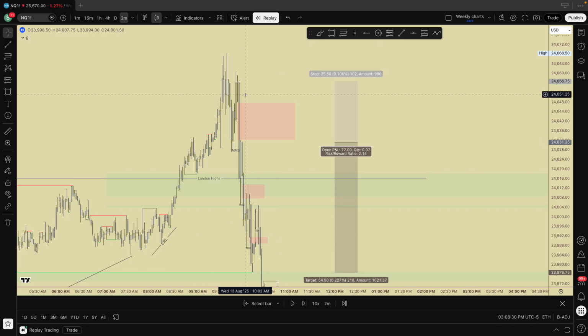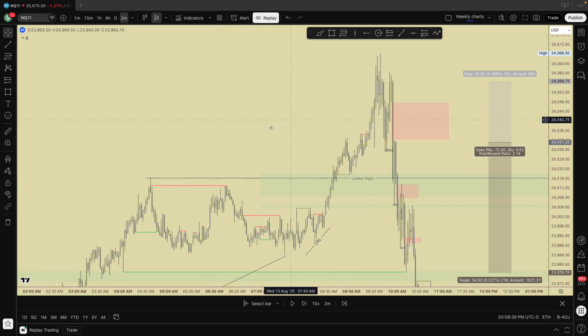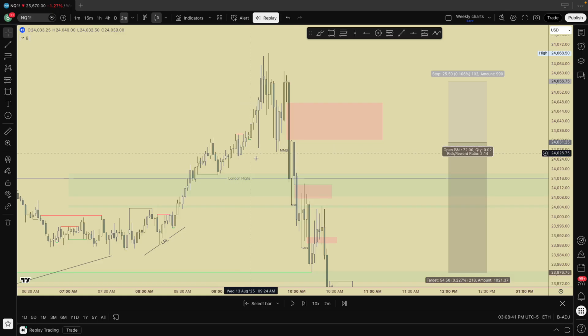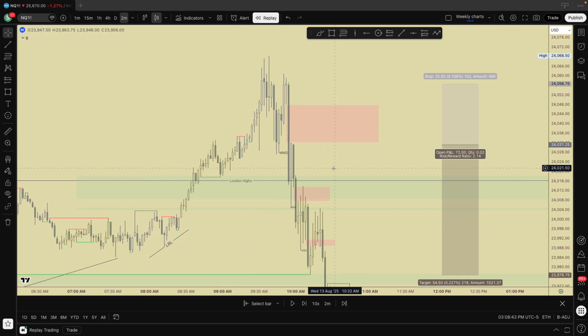So around like 9:30 here, I thought, okay, we're gonna manipulate London highs, right? So that was my bias of the day. It was bearish, and that's exactly where we went, right?